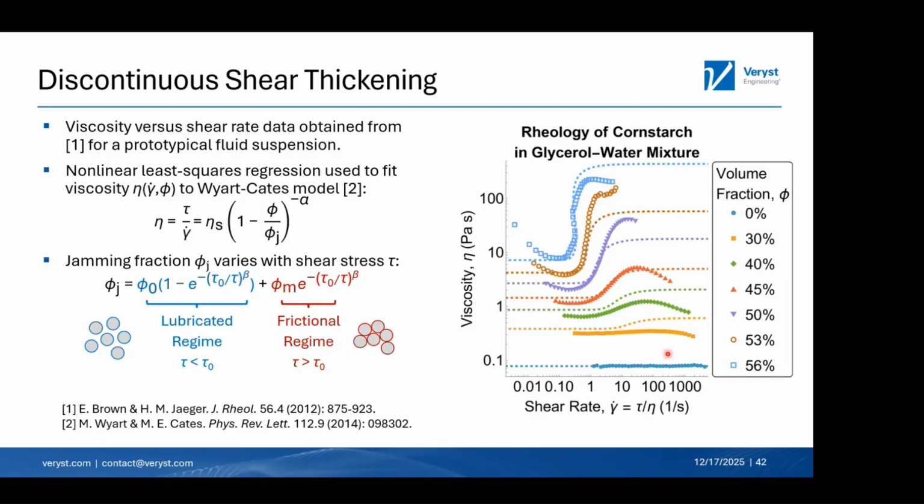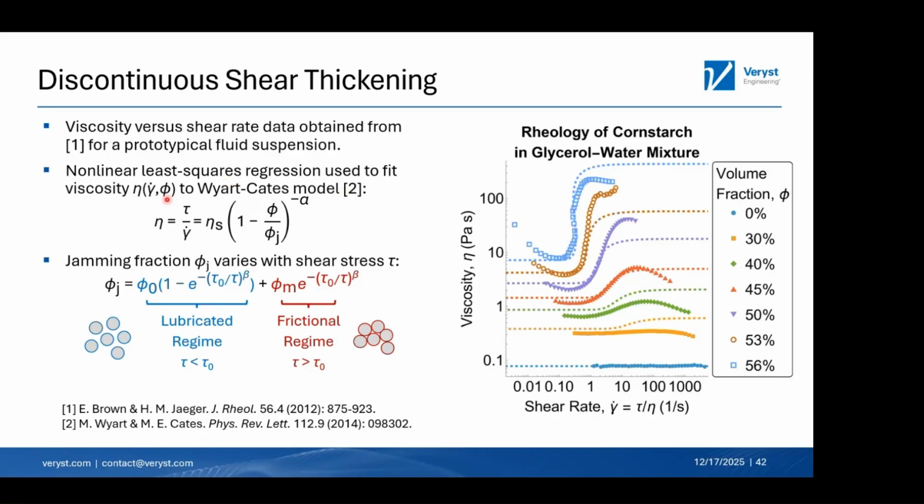But as you increase volume fraction, the particle interactions and collisions become dominant, and eventually you get to a stage where particle friction becomes important, this material behaves more like a granular material, and you see an abrupt change in viscosity as a function of shear rate. That's called discontinuous shear thickening. It still flows, but at a much higher viscosity at higher shear rate, and the transition is abrupt. This has been studied extensively. It's still a topic of active research in academia.